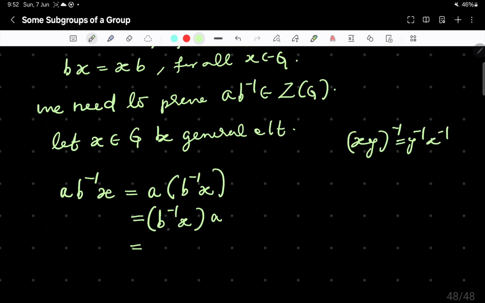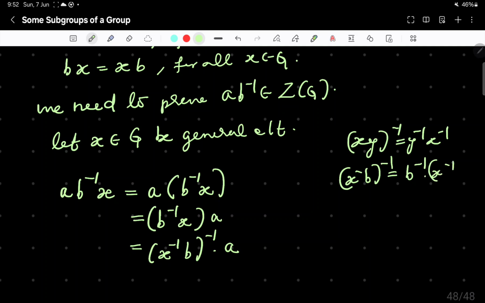In that fashion, I can rewrite this B inverse x as (x inverse B) all inverse times A. Why? Because if you open it, (x inverse B) all inverse becomes B inverse x inverse all inverse, that is B inverse x.